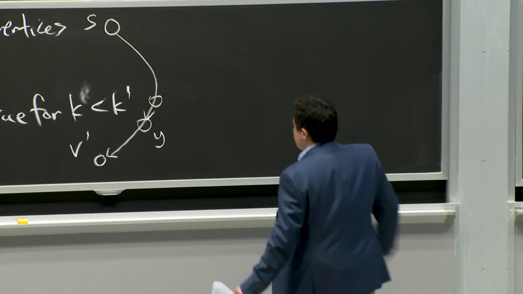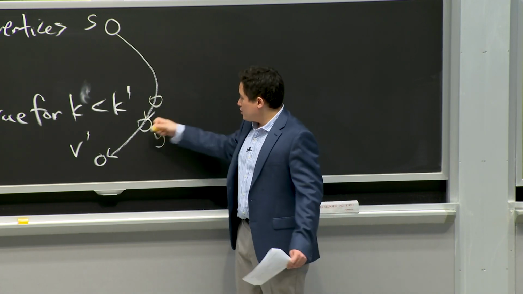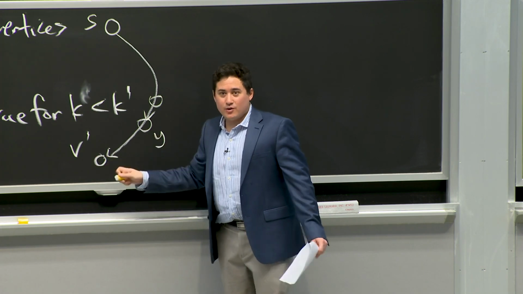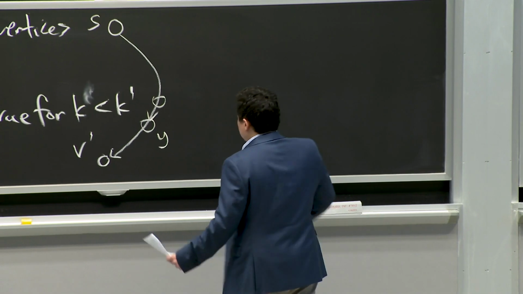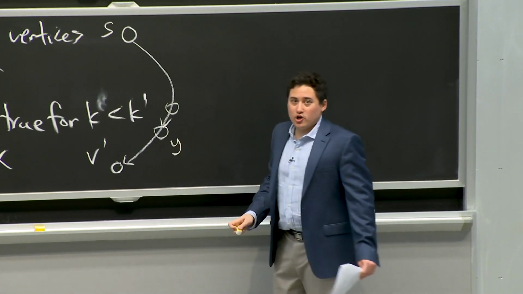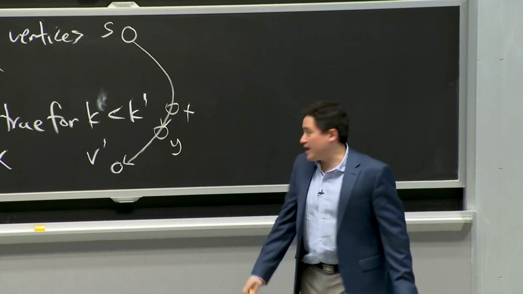Before I pop v prime, Y is not in the queue. Now, these might be the same vertex, if all of the preceding ones on this path were in the queue. But in particular, we're going to look at this guy, okay? And say its predecessor is X in the path.